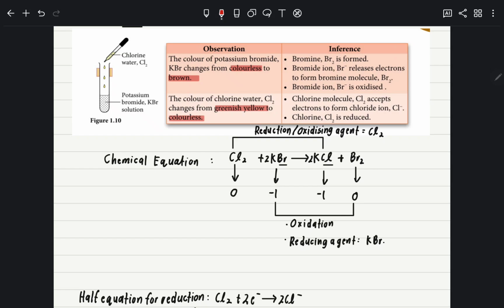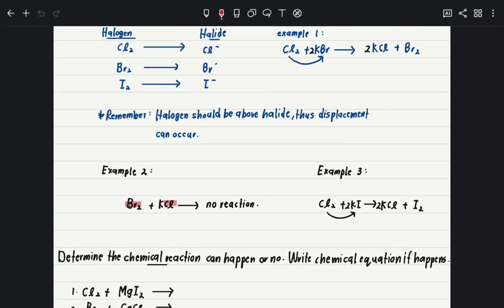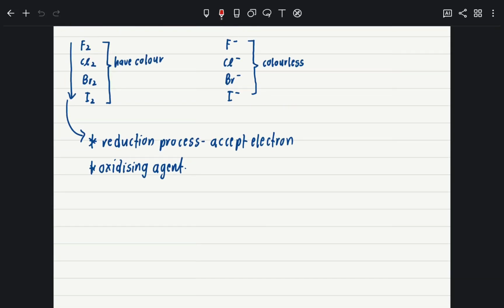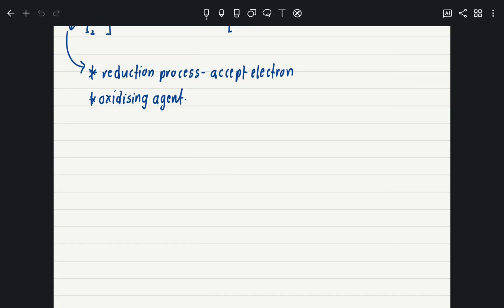So you have to remember the color of your halogens. I repeat again, the color of your halogens, let me write it. Chlorine is always greenish yellow. Whether gas or liquid, we say greenish yellow. Bromine, we will always say reddish brown.